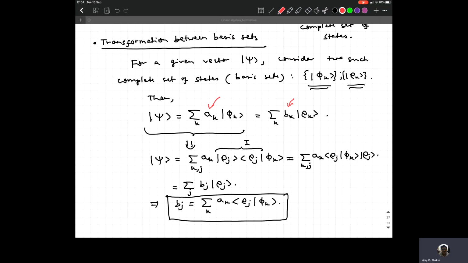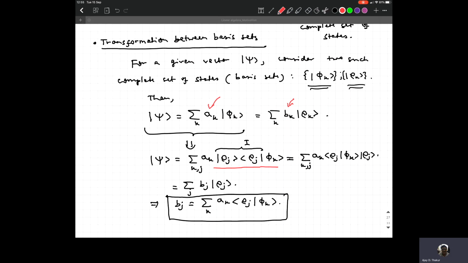What we do essentially is introduce a complete set of states of the rho k basis. That means in this particular result, we are adding this part, which is ket of rho j, bra of rho j, the outer product of these basis vectors, summed over all j.